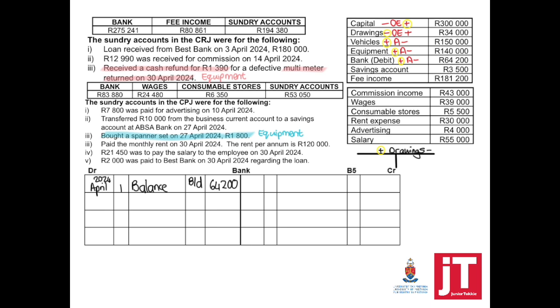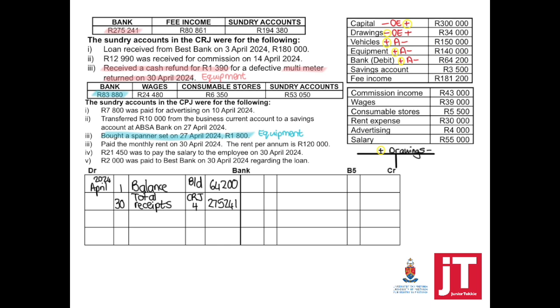Posting from the journal, step number 2. From the cash receipts journal, your bank will always be debited. And because we're posting from a money column, it means this must happen at the last day of the month, which is on the 30th. Our total receipts from the cash receipts journal was 275,241.